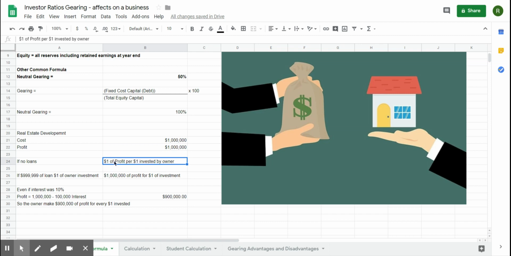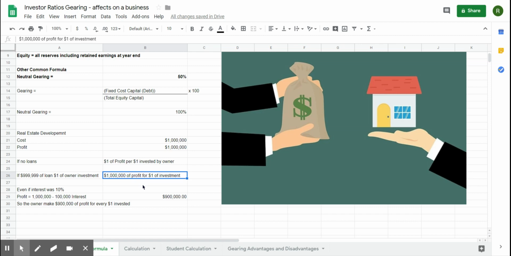They're going to turn $1 million into $2 million with $1 million of profit. You'd be quite happy with that if it was only going to take a year to do. But if we look at the situation where the owner is only going to invest $1 and the other $999,999 is going to come in the form of loans, but provided those loans don't carry any rate of interest, all the developer needs is $1 investment to generate $1 million of profit.